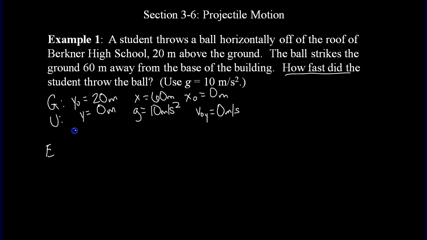We need to know some kind of velocity. Well, which velocity are we really looking for? The initial velocity in the x direction. So we're going to have to use more than one equation to solve this.